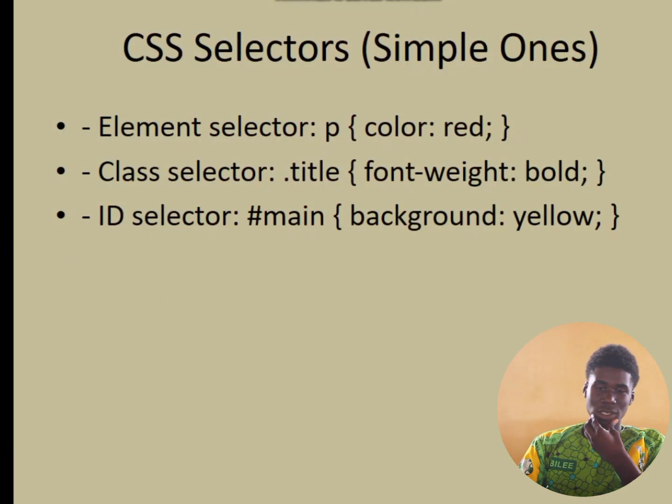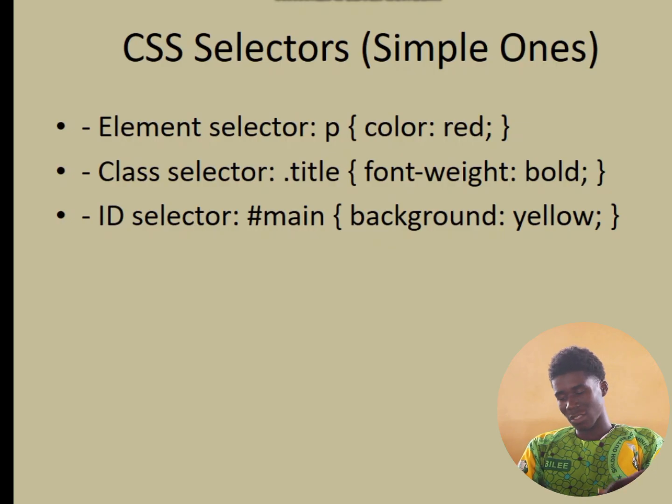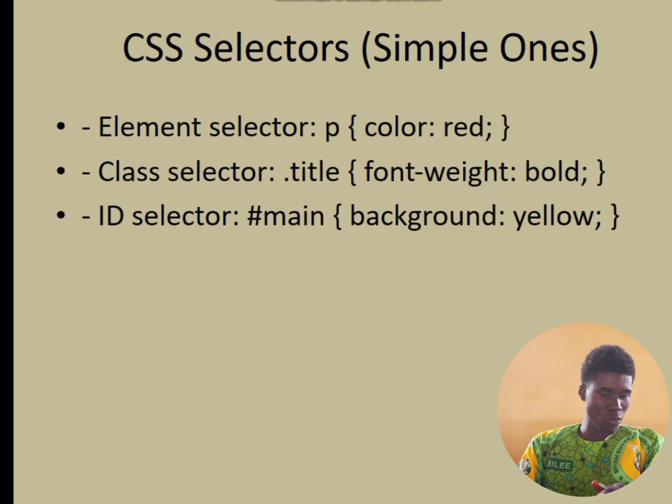The ID selector. The difference between the ID selector and the element selector is that when you use an element selector on designing a web page, if you select a paragraph tag, it means that all the paragraph tags within that web page will follow the CSS rule that you are inserting. But if you use an ID selector, it means that once you select that one tag, the rule that you apply will only apply to that one tag.